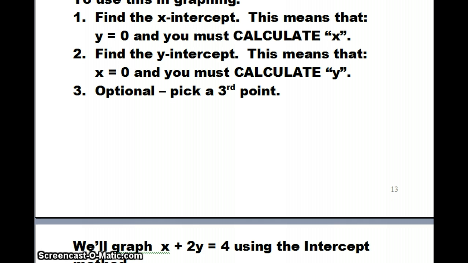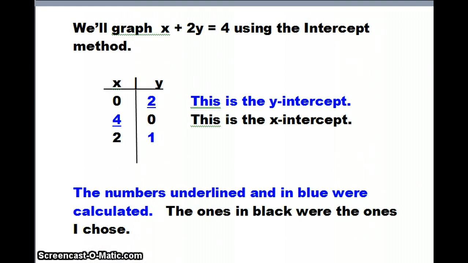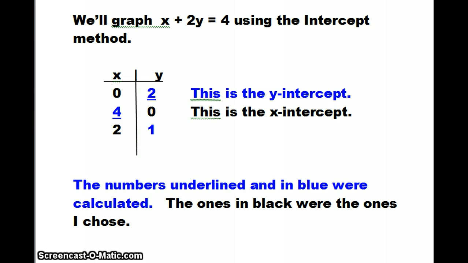So we're going to try graphing an equation using this method. Our equation is x plus 2y is equal to 4. The values that are in black are the ones that I chose. The ones that are in blue and underlined are the ones that we solve for.